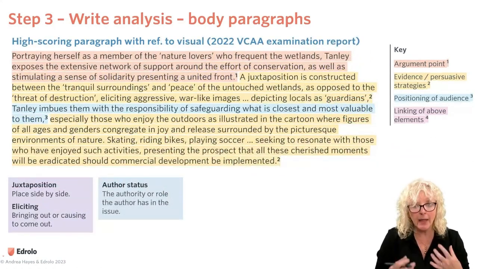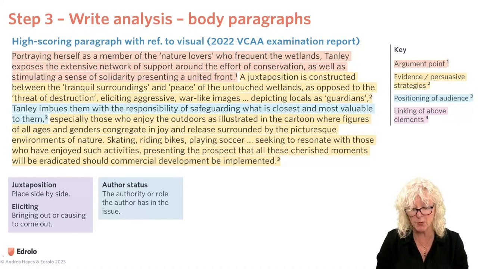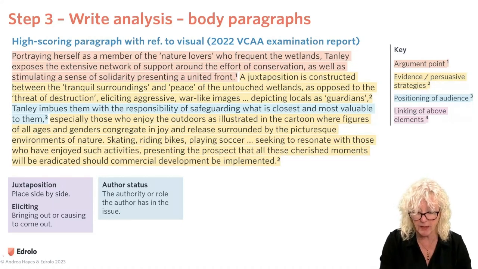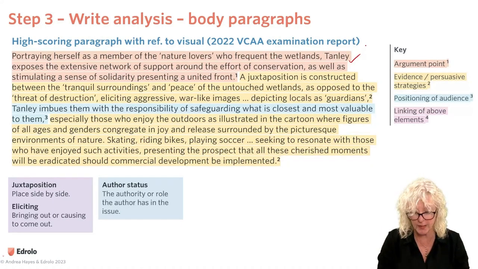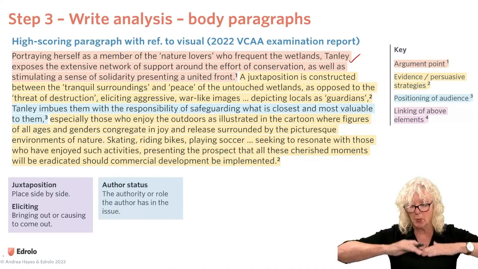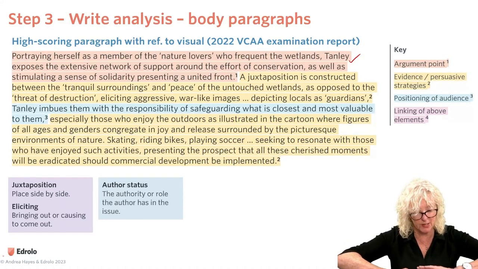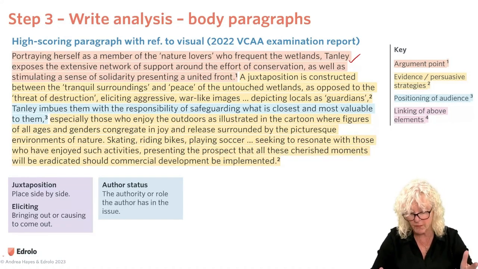Here is another example of a body paragraph, this one a high-scoring paragraph with reference to a visual from the 2022 VCAA examination report. You can see here we have a clear argument point at the start, lots of evidence and persuasive strategies with positioning to the audience straight after that. Very clear. Lots of evidence in this paragraph.